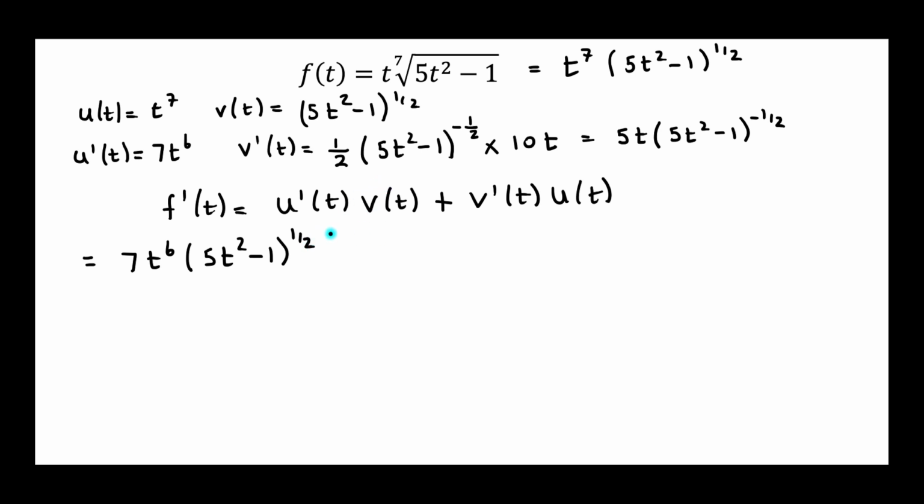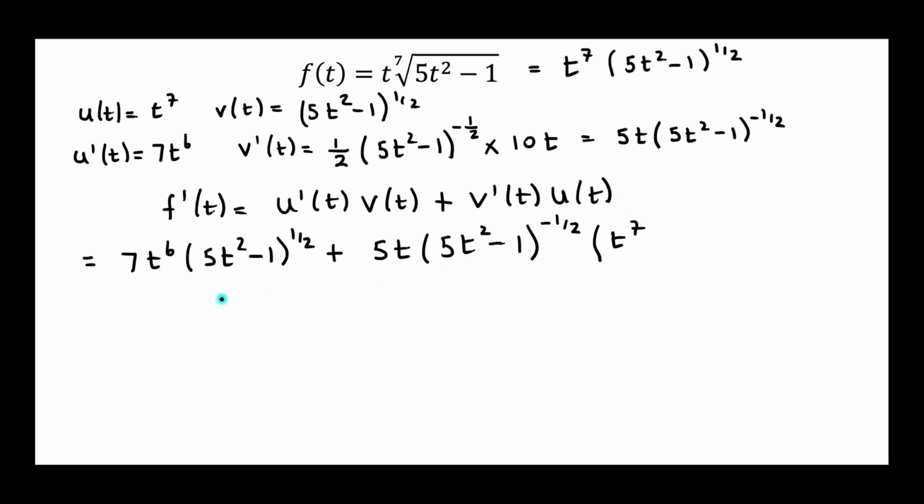Then I have plus my v dash t, which is this here, so that would be 5t squared minus 1 to the power of minus a half, and that would be times u(t), so that would be by t to the 7.